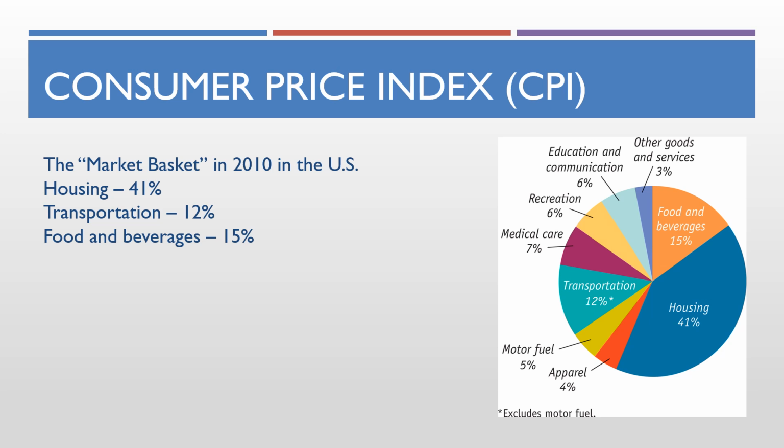Those are the main categories of how regular households spend their money, right? So it's a very reasonable ratio for how we set up these baskets. The rest of them are education, communication, recreation, medical care, motor fuels, apparel. Those come into smaller categories in this basket.